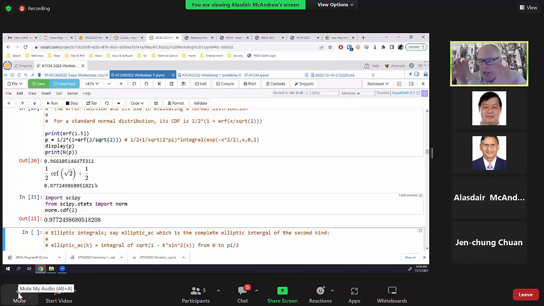So whatever Sage doesn't have itself, you can pull it in from innumerable other packages that it has as part of its ecosystem. Because when Sage was developed about 12 or 14 years ago, I can't remember now, the idea was, as they used to say, not to reinvent the wheel, but to build the car. And what they meant was to take all the best open source mathematics packages currently in existence and bring them all together under one common interface.